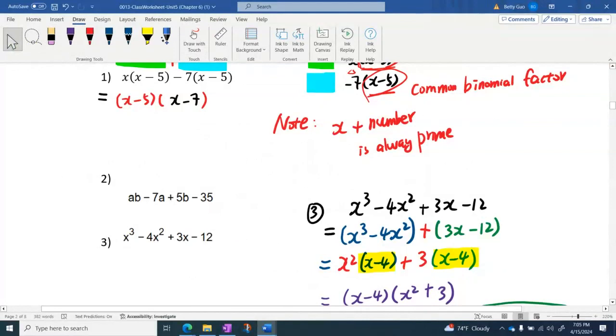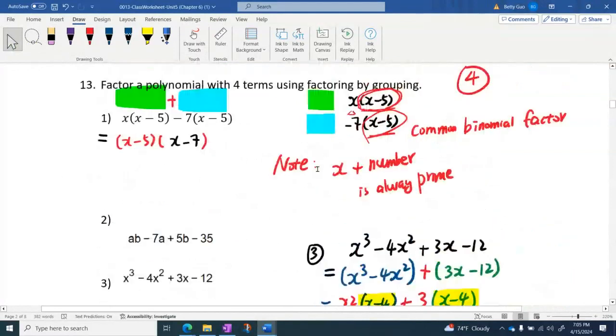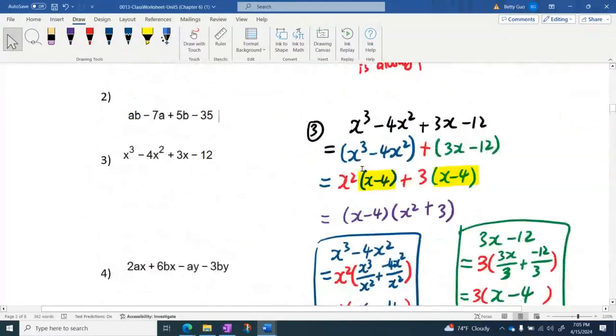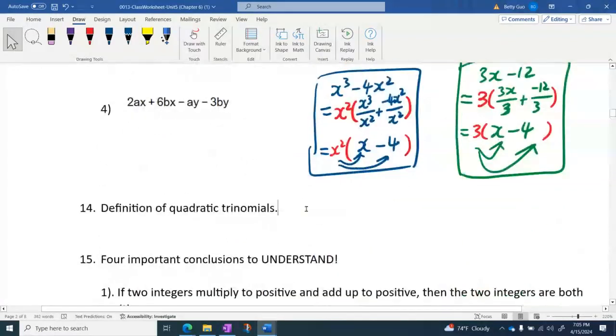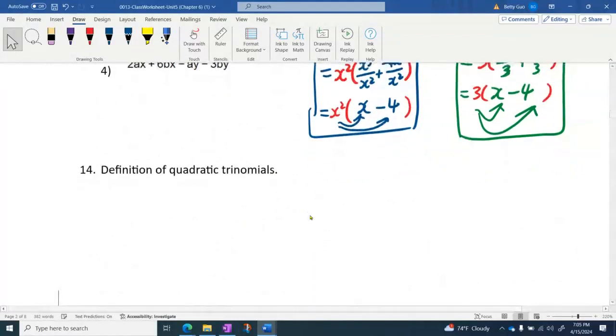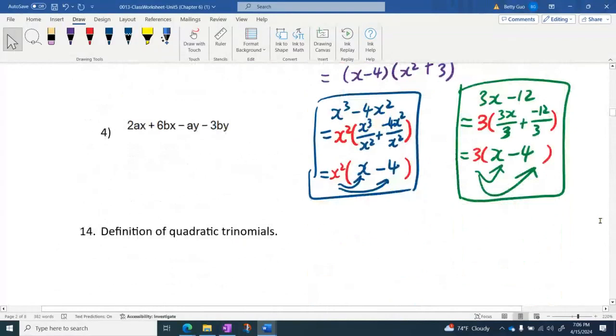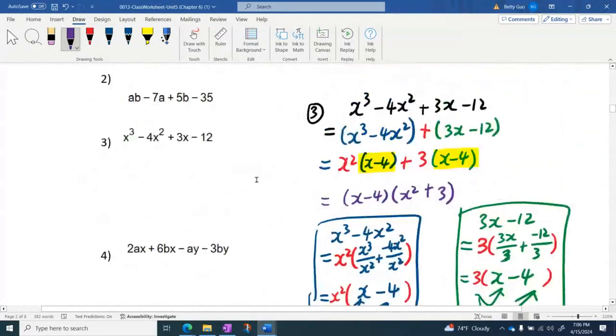Well, let's look at this problem. Let me find a space. I ran out of space, so let me do that here. Number 2, the polynomial is AB.